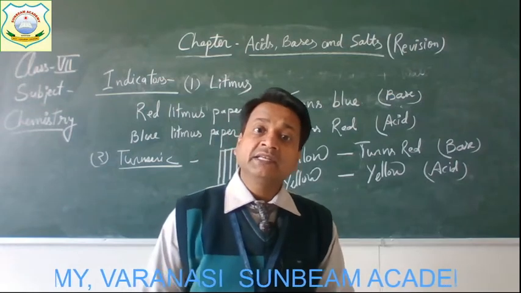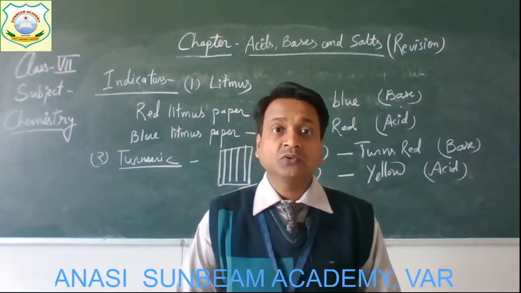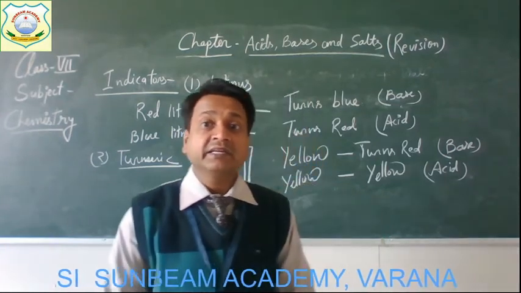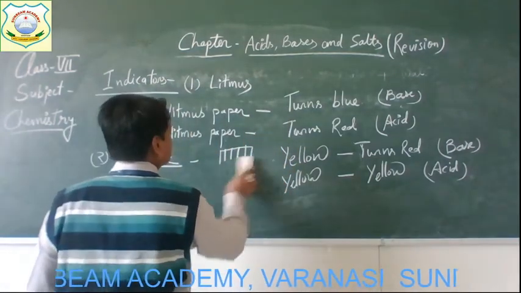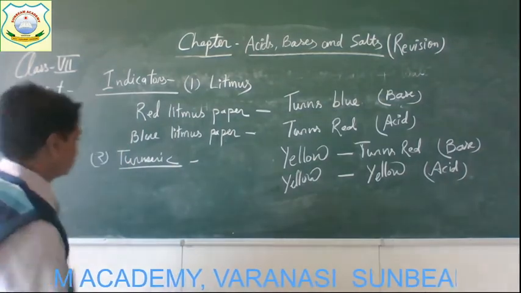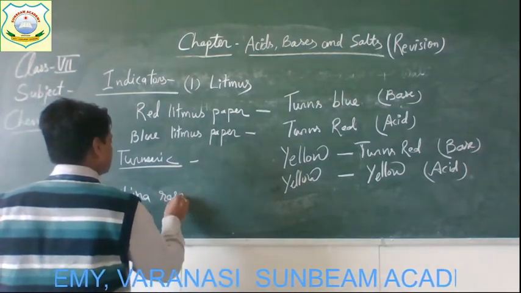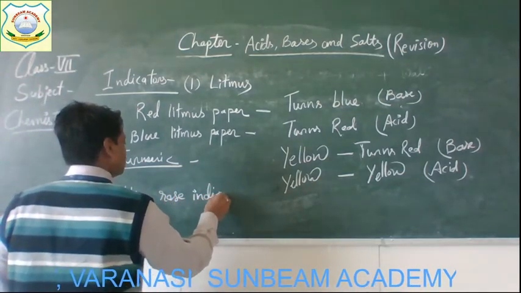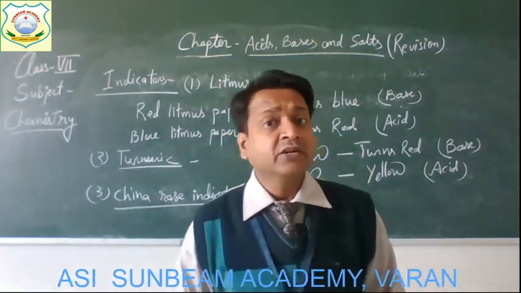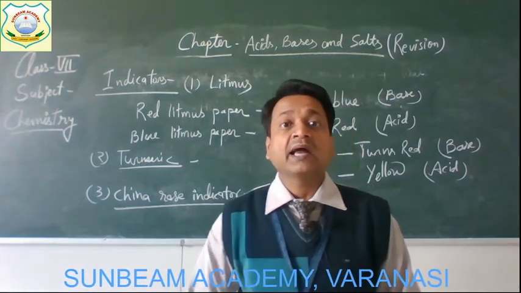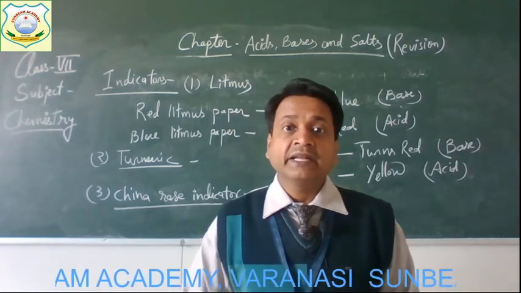One more natural indicator is there. Remember that we have discussed it in the chapter and we have done the activity also. That indicator is China rose solution. Children, you must have seen the China rose flower, also known as hibiscus flower, and its petals are red in color.